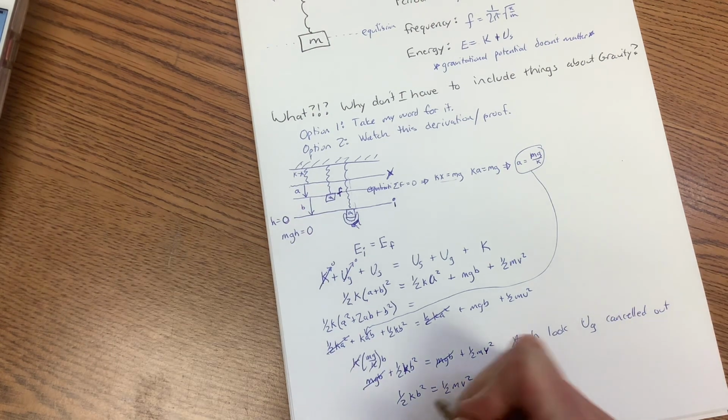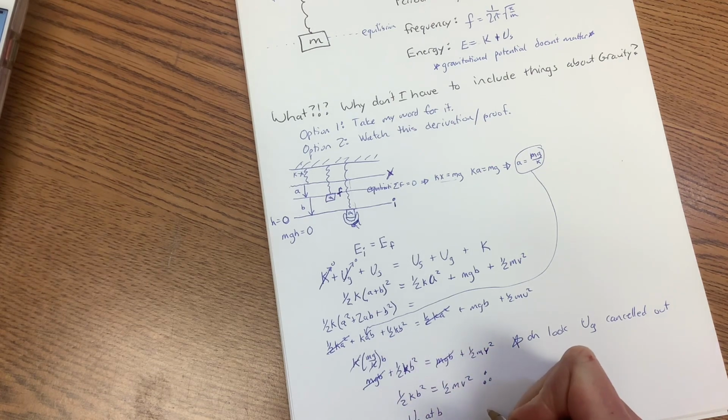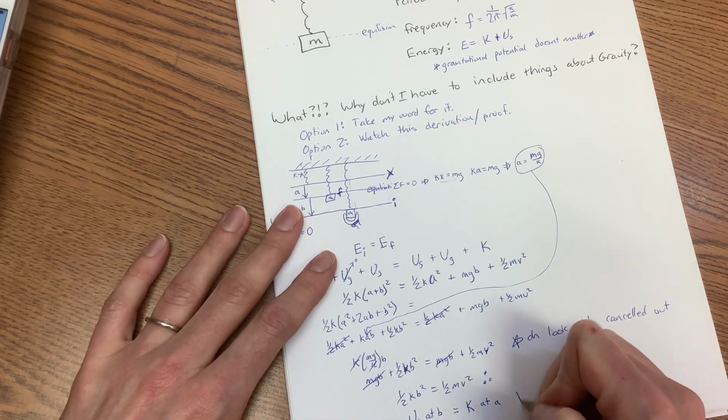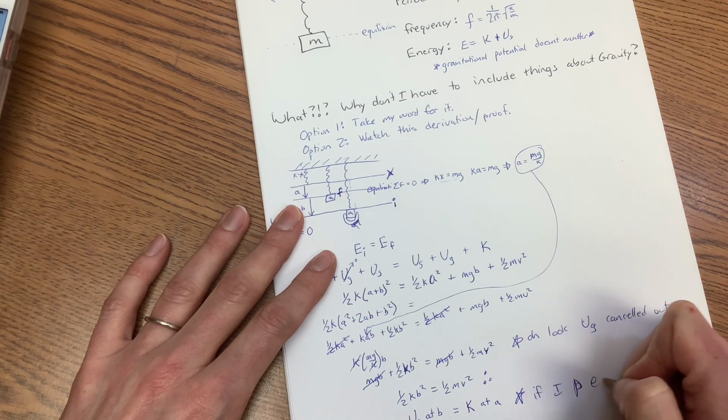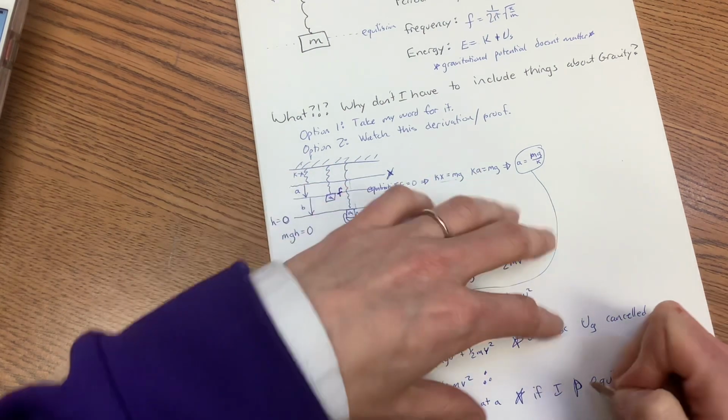What I've actually shown is that U_S at b equals K at a. So what this means is if I put the equilibrium point, oops, I didn't finish the word.